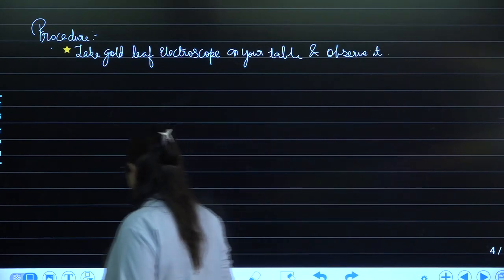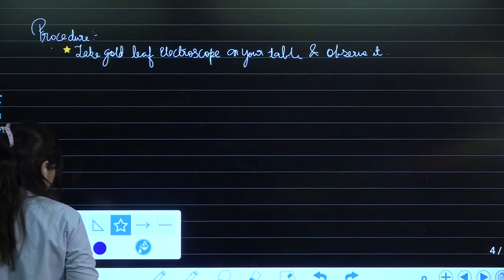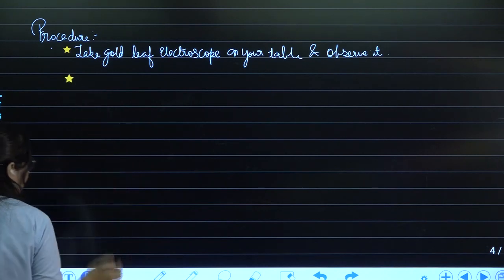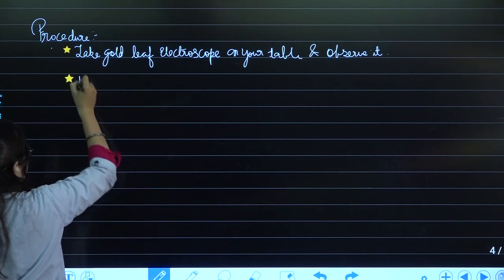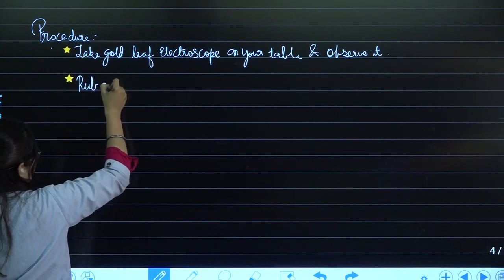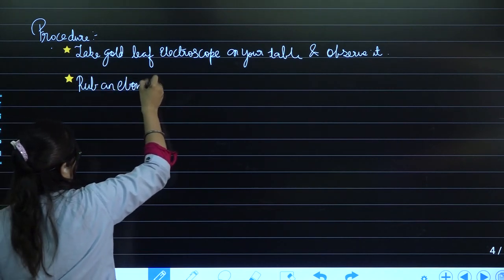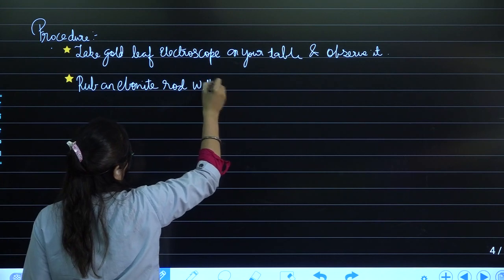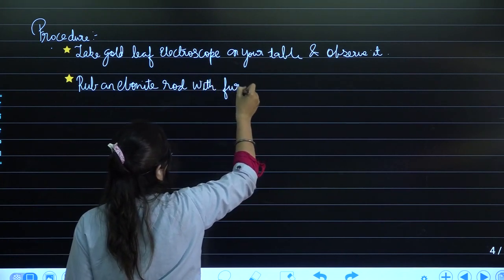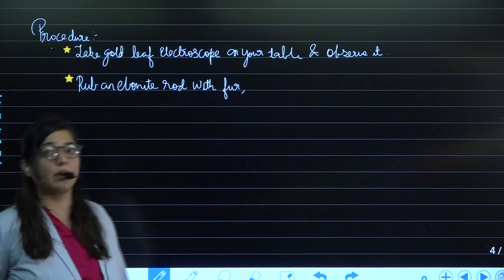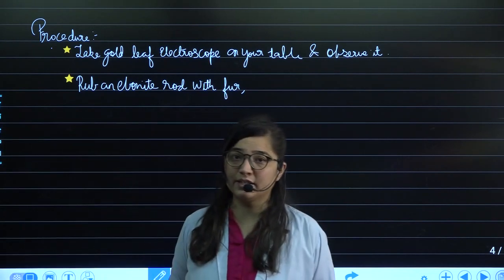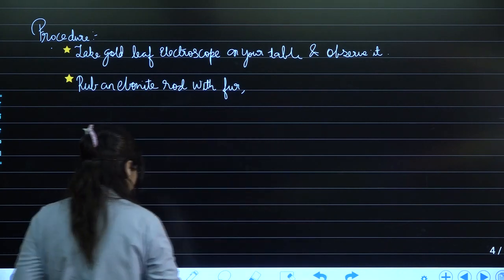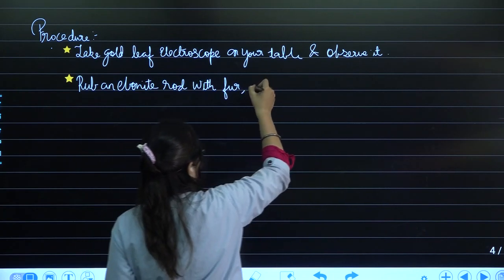Next, rub an ebonite rod with fur. Once you rub the ebonite rod with fur, touch the rod to the metallic disc.